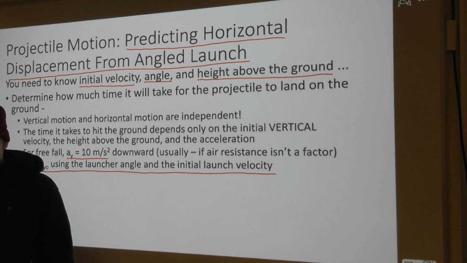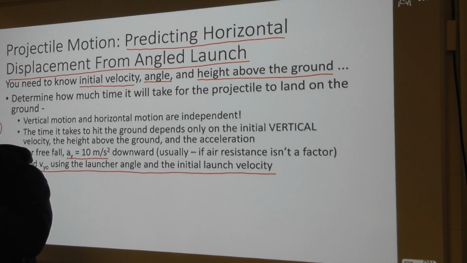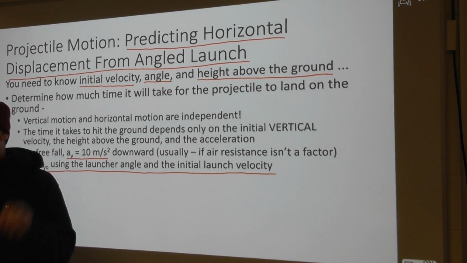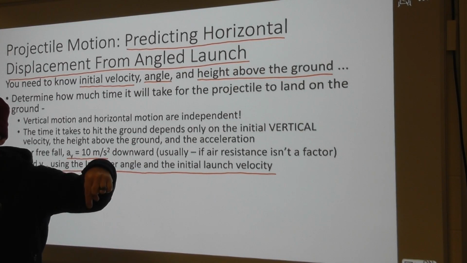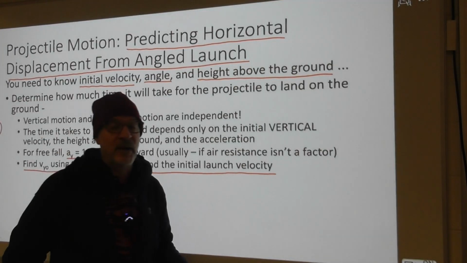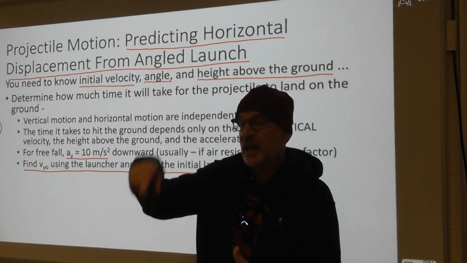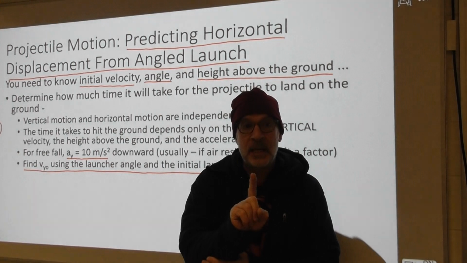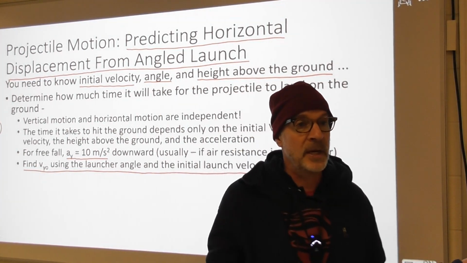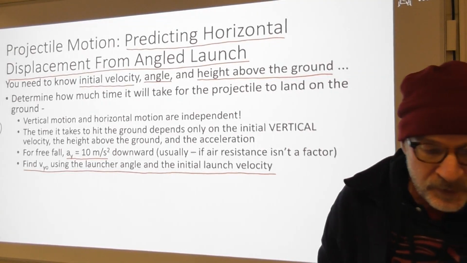If I throw it perfectly horizontally, the instant it leaves my hand, it has no downward motion, but after that, it's going to be going down faster and faster and faster. And if I throw it down, then it'll start off moving down and it's still going to speed up. It's just going to keep going faster and faster and faster. If I throw it at 1 meter per second down, then after 1 second, it'll be going about 11 meters per second, because it's accelerating at 10 meters per second squared, okay?